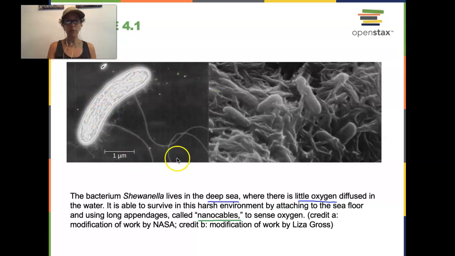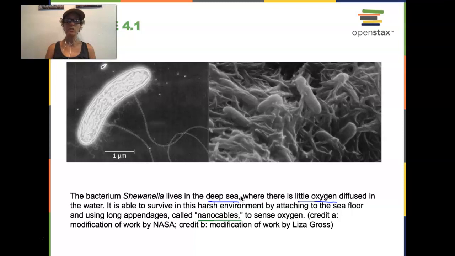This organism happens to live in the deep sea, where there's very little oxygen. We're used to thinking about living things as requiring oxygen to survive. We certainly do. But many bacteria can grow in the presence of oxygen, and when they do, they metabolize very similar to the way that we do. But lots of others can survive with or without oxygen.